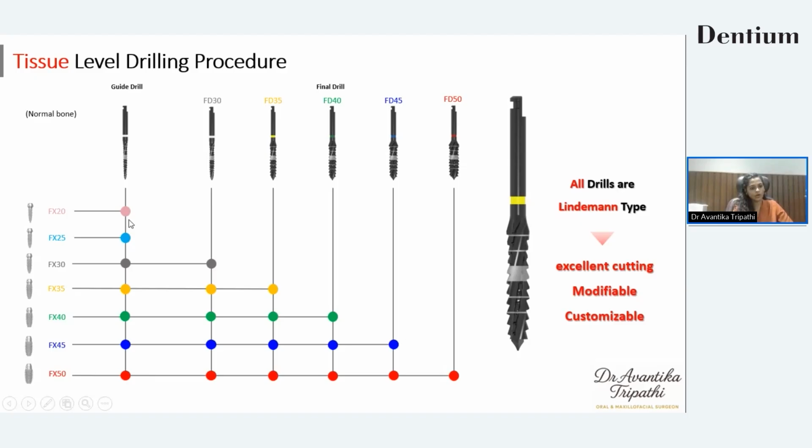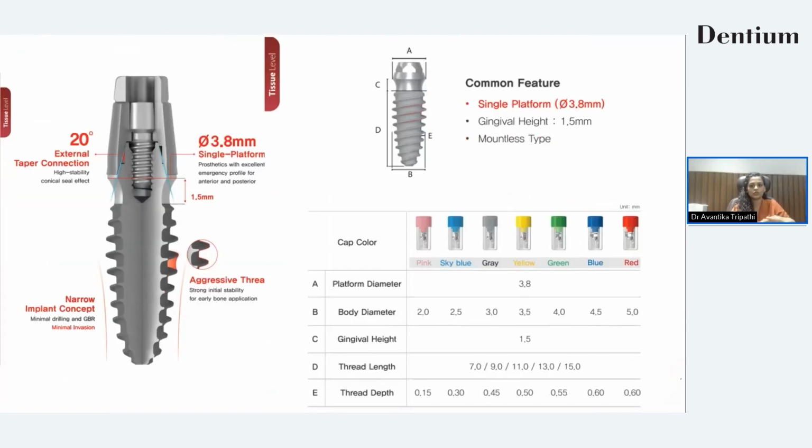So decortication with a 2.5 mm drill and then placement of a 2 mm implant. If I need to place a 4 mm implant, I need to follow the same drilling protocol. The drills are the same for bone level as well as tissue level, so the kit will remain the same for both types of implants.